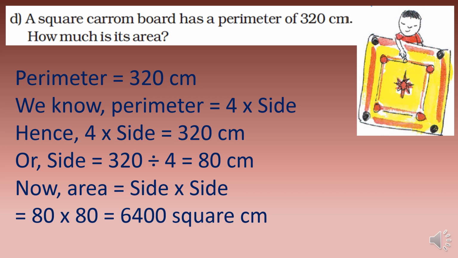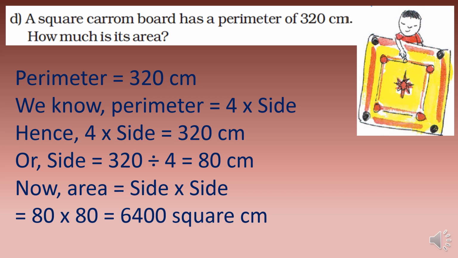So perimeter equals to 320 centimeter. We know that perimeter equals to 4 multiplied by side here. So 4 multiplied by side equals 320 centimeter, or we can also write it as 320 divided by 4, that is equals to 80 centimeter.